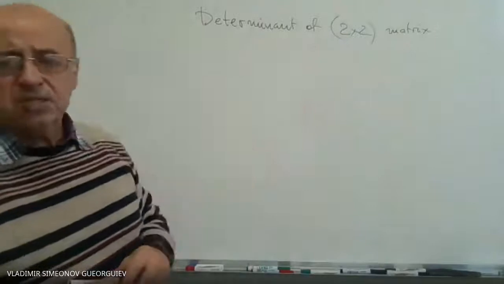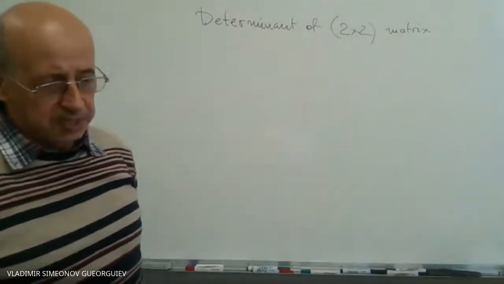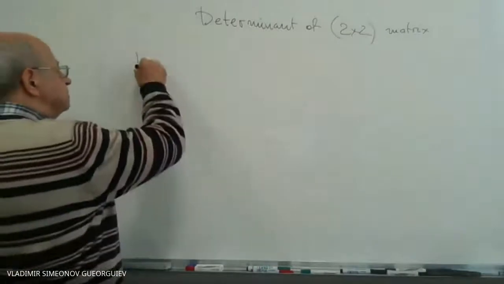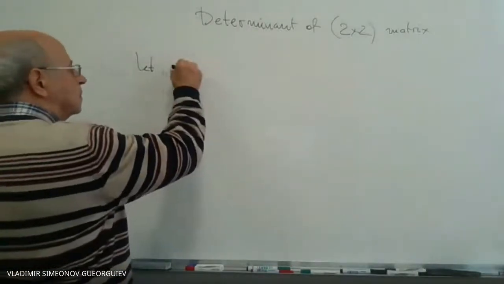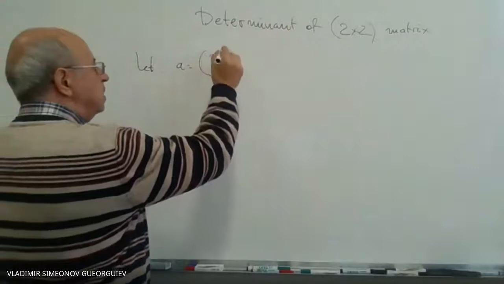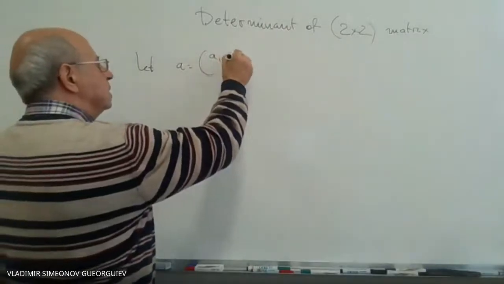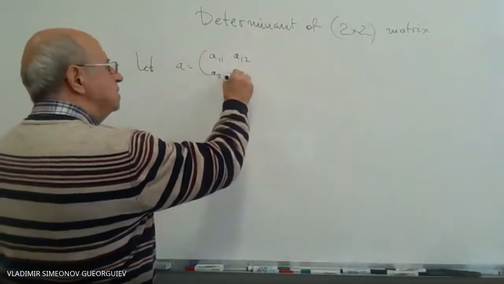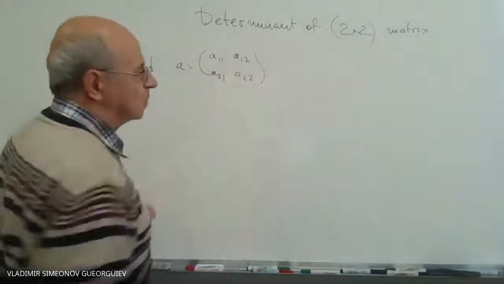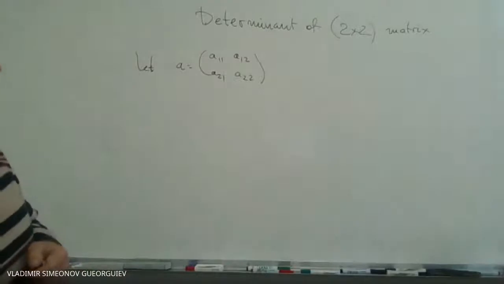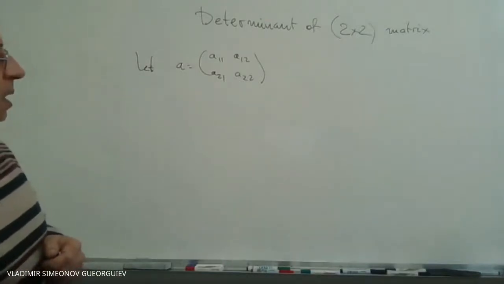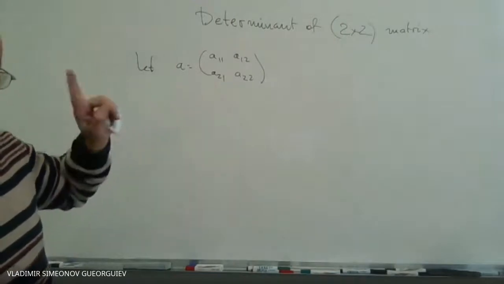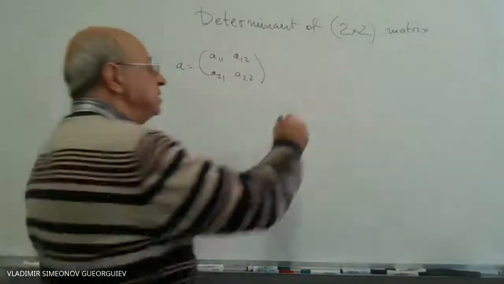But first, let us clarify the situation for a 2 by 2 matrix. So, we have A11, A12, A21, A22, which is a 2 by 2 matrix. This is a matrix. Determinant in general is a real number.